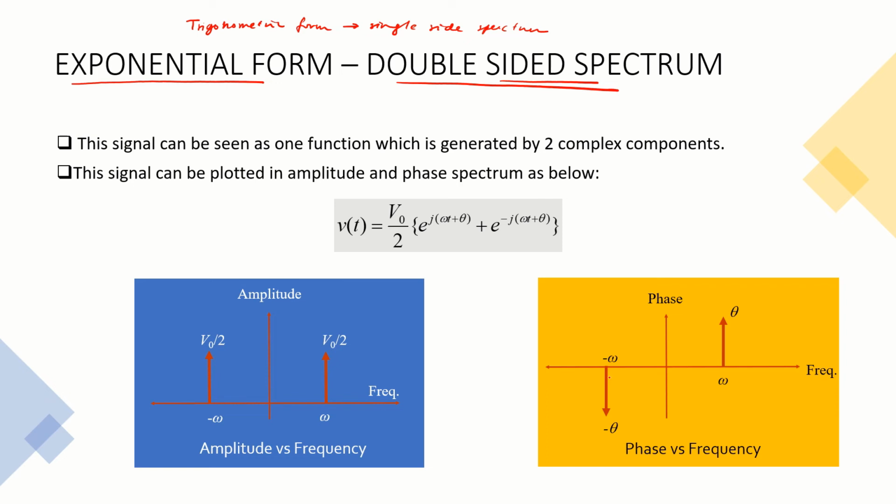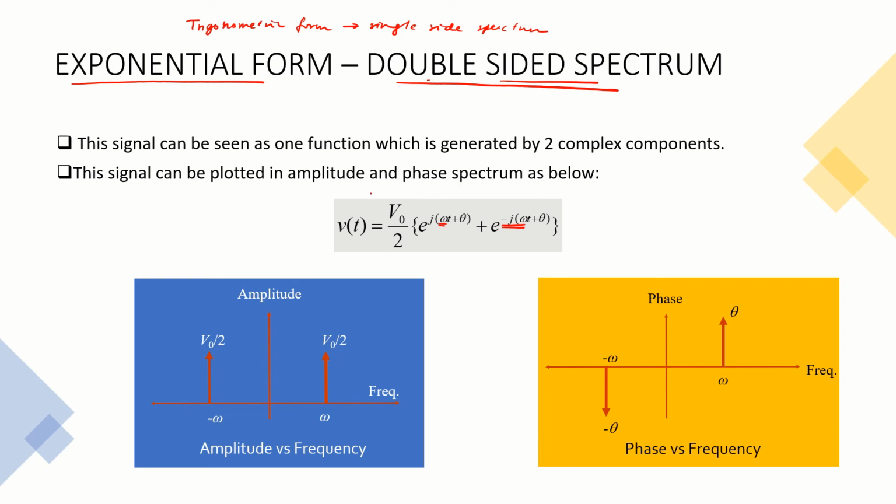Why is there a positive and negative? Because you can see here, your omega, the first term is positive, which is this one. The second term is negative omega. So therefore, it's going to be a negative form. So if the question asks you to sketch the signal as double-sided, you need to have this exponential equation.